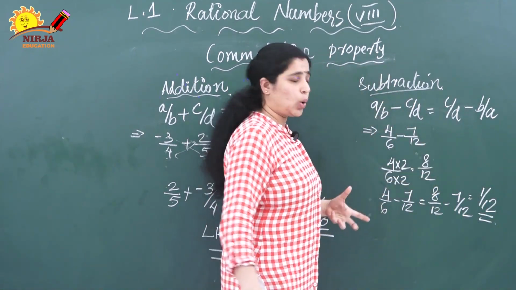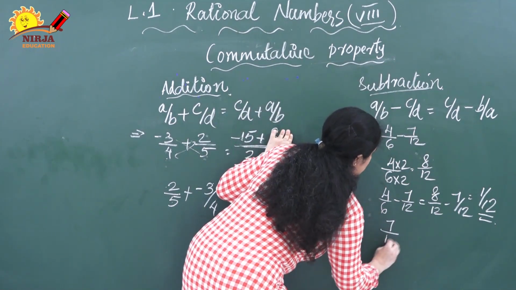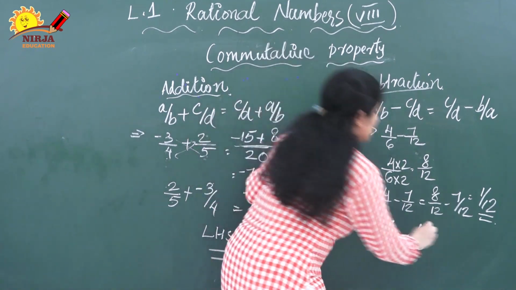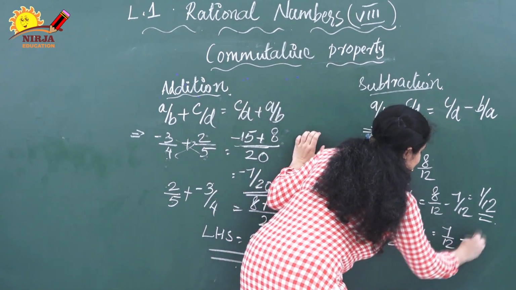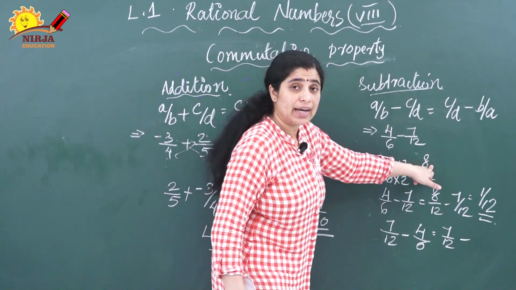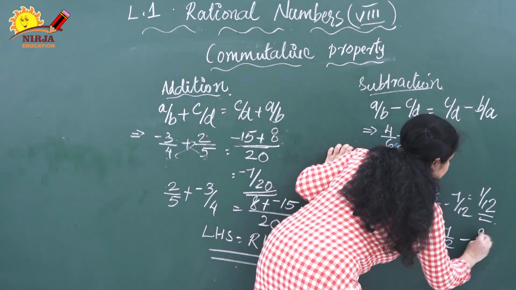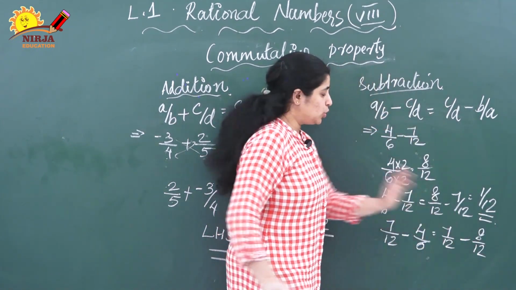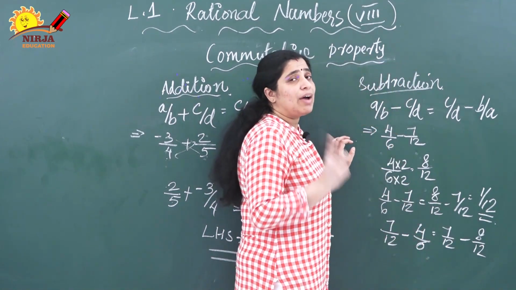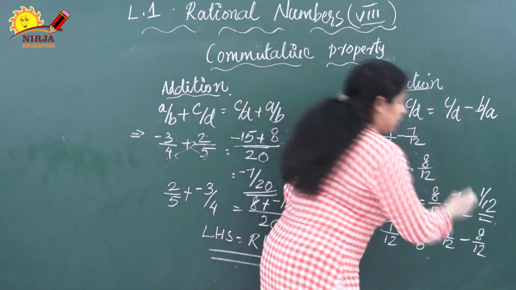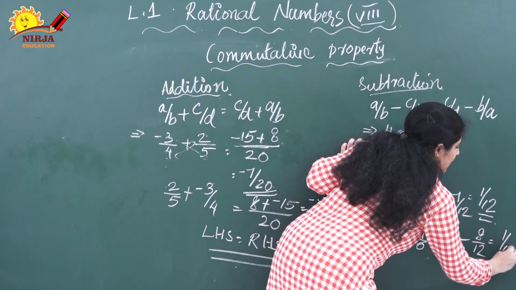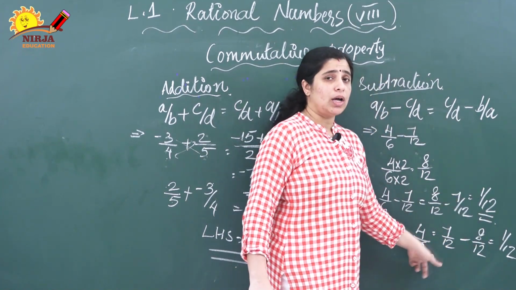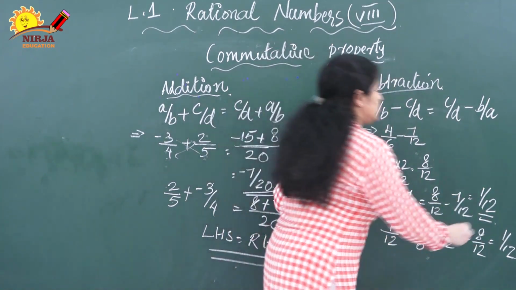Now reverse the order. That means 7/12 minus 4/6. So 7/12 you can write as itself, minus, instead of 4/6 you can write 8/12. Here you are subtracting the bigger number from the smaller number. 8 minus 7, you will get 1/12, but since you are subtracting the bigger number from the smaller number, you have to keep the negative sign.